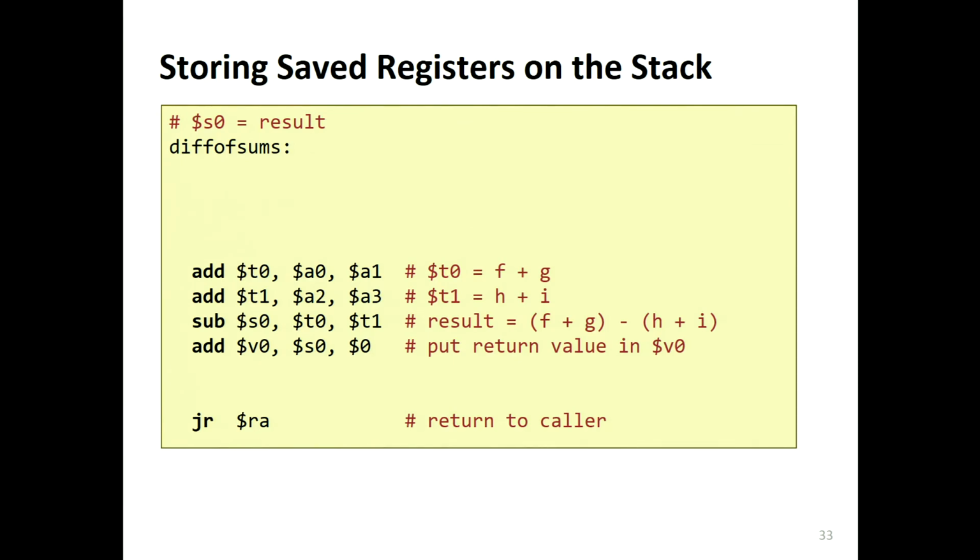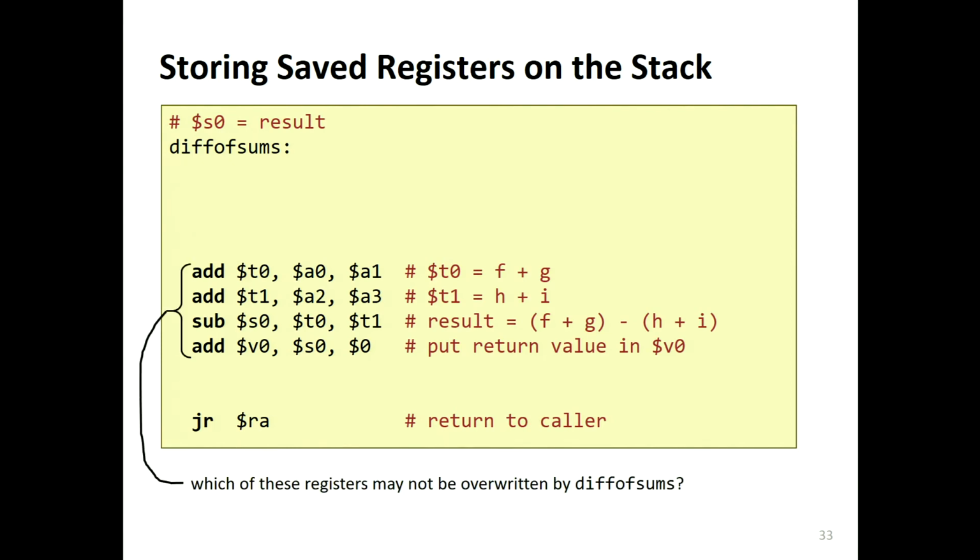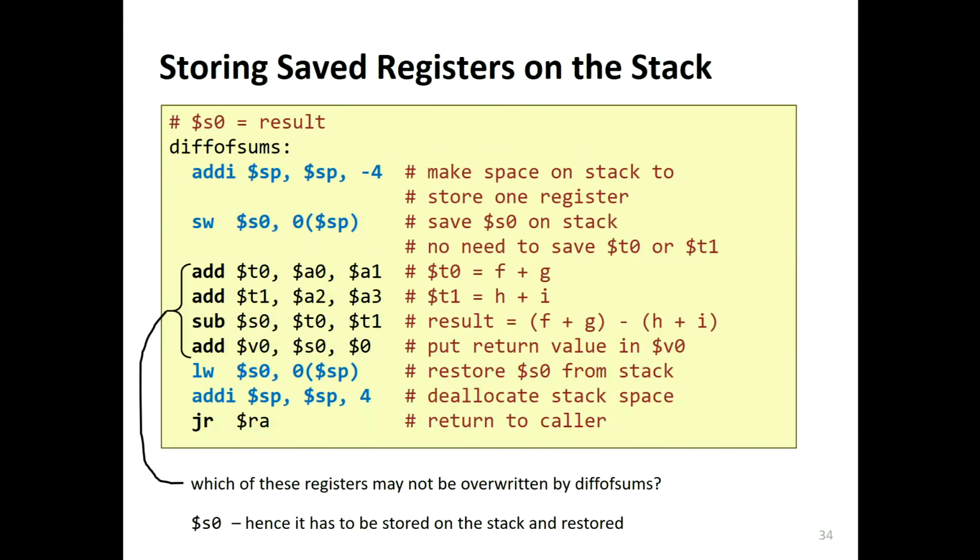So back to diffs of sums. The first 3 lines involve modifying values in these registers, namely T0, T1, and S0. If we are following the previous convention, then T0 and T1 need not be preserved. So we're not preserving them, but we do need to preserve the value of S0. Therefore, since it's 1 value, we decrease the stack pointer by 4, creating space, and then push the value of S0 into the memory address pointed to by the stack pointer.